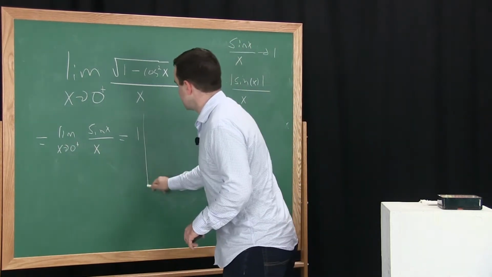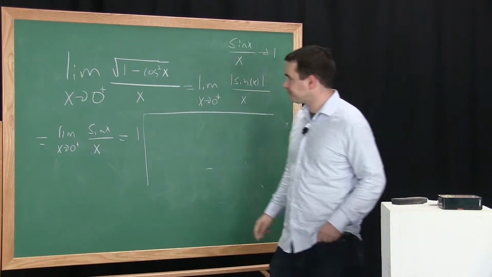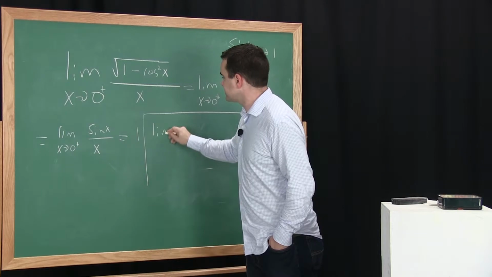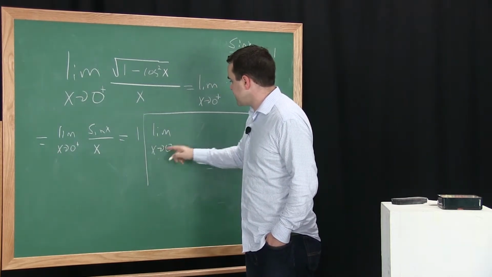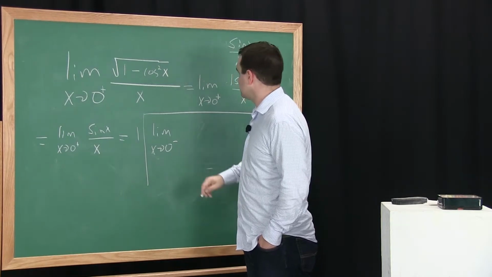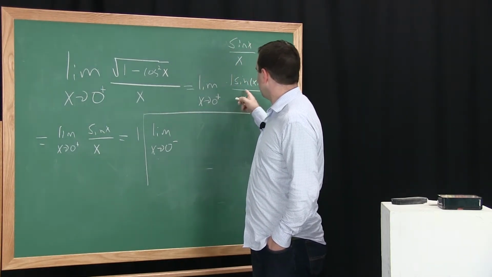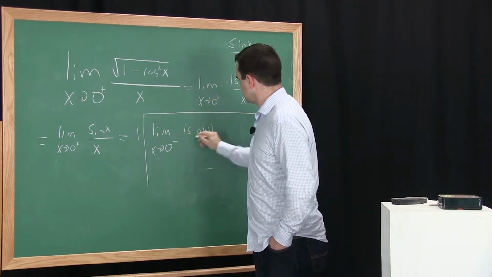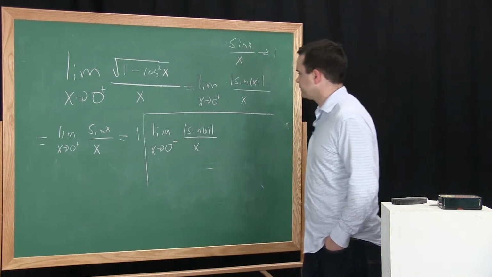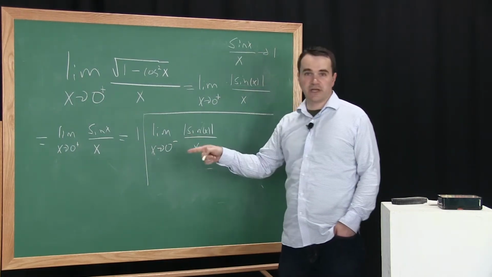Let me explain what I was talking about a little bit more fully. If I had been asked a different problem, if I had the limit as x goes to 0 from the left of this function, which I know is equal to the absolute value of sine of x over x. When you're taking the limit from the left, then sine of x is negative.